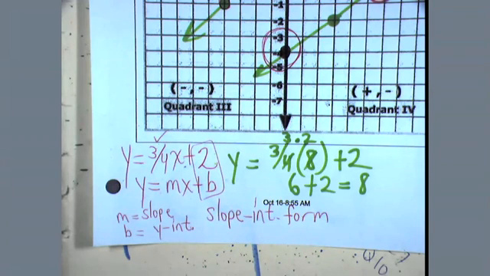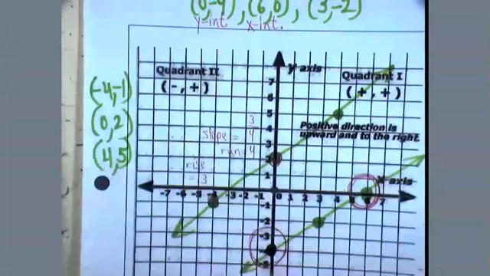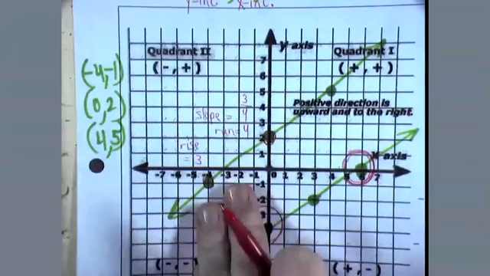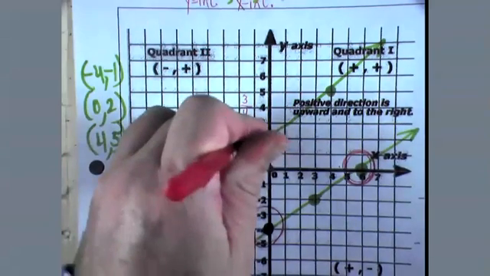So you could just choose whichever point you want to choose? Right. If you are given the graph and nothing else, just miscellaneous ordered pairs, you can start at one point. We could have started here if we wanted to.